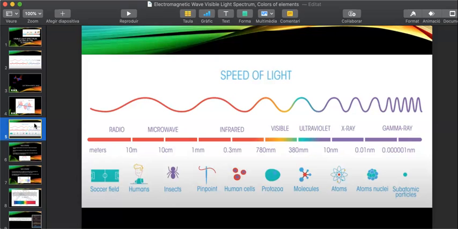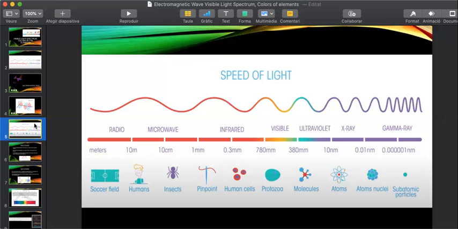But at the opposite side of this chart, we can find the gamma rays, a type of radiation about the size of a subatomic particle.